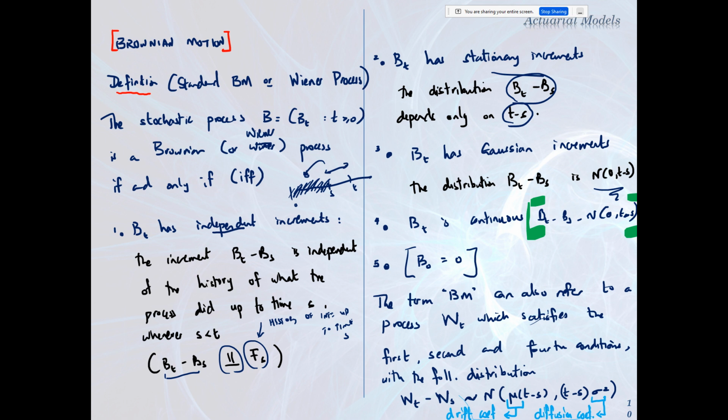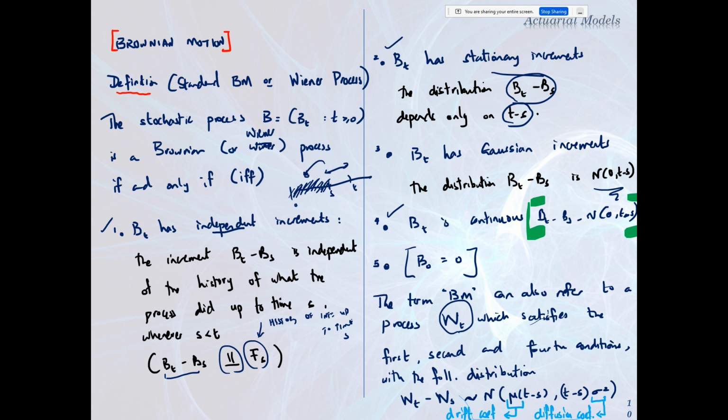The term BM, Brownian motion, can also refer to a process W_t. So the Brownian motion may also be a process W_t which satisfies the first, second, and fourth conditions with the following distribution: W_t minus W_s following a normal with mean mu times (t minus s), and second parameter sigma squared times (t minus s).